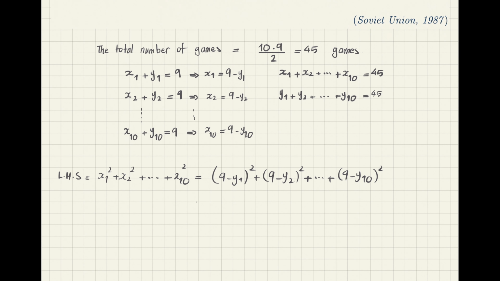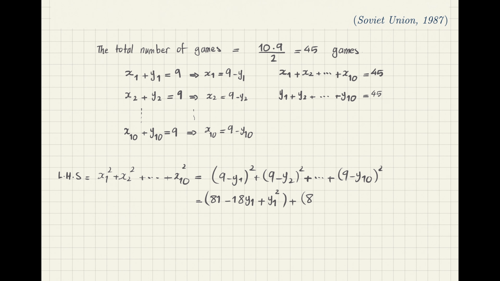I can expand each one of them, so this becomes 81, 2 times the first one times the second one, so it becomes 18 y1, and plus y1 squared. This is the expansion of the first expression, and the second expression is more or less similar.